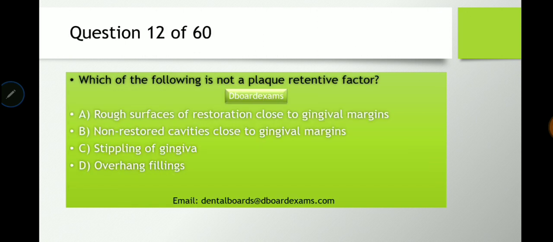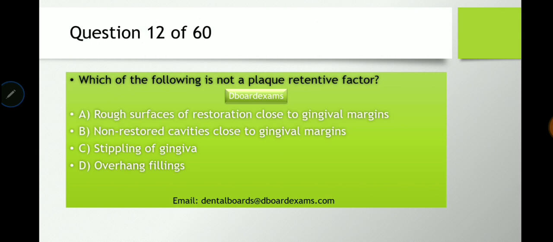So moving on to question 12. Which of the following is not a plaque retentive factor? As I mentioned, this is a review of basics of periodontics. We cannot study perio without studying plaque, calculus, and the causative factors. So which one is not a plaque retentive factor?